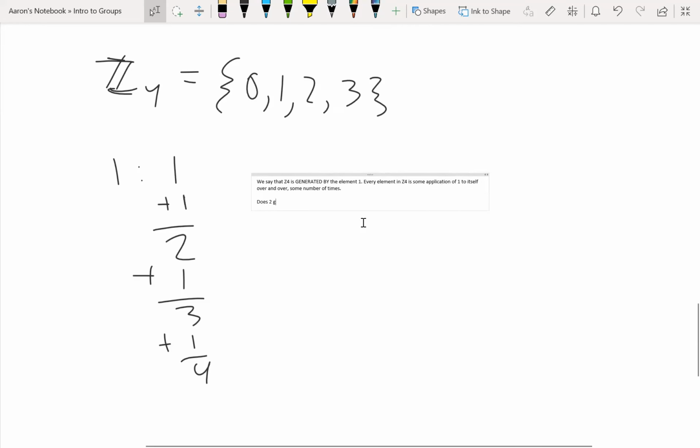Does 2 generate Z4? How about 3? How about 0 even? You guys tell me, which of these elements generates Z4?